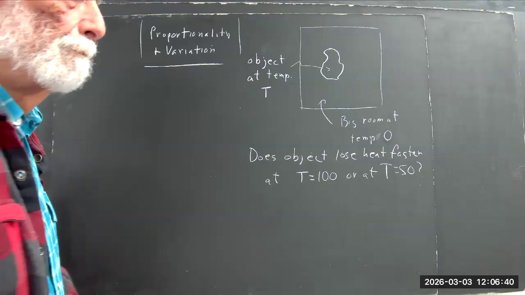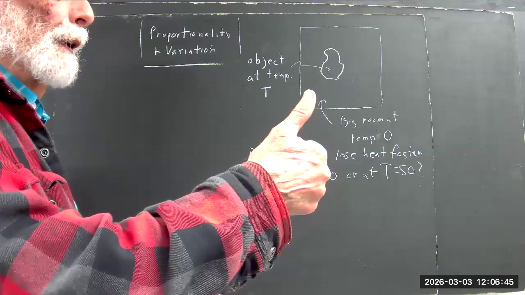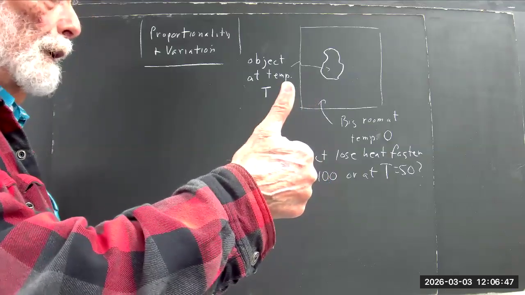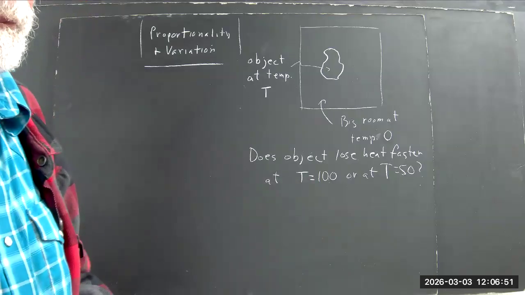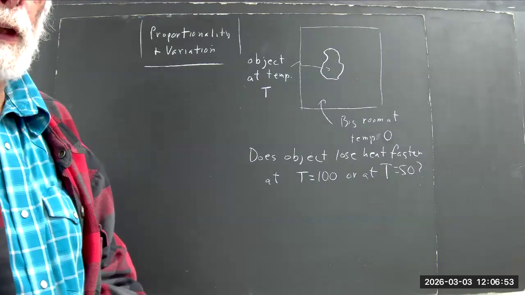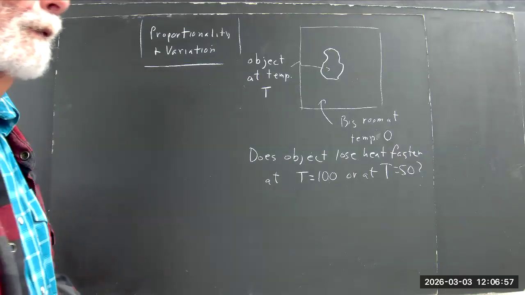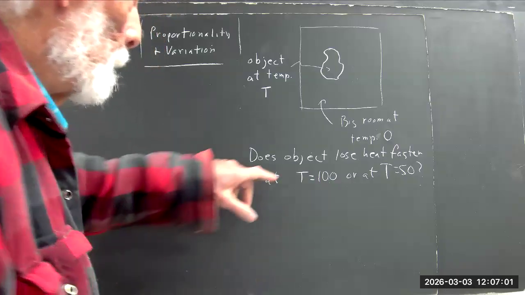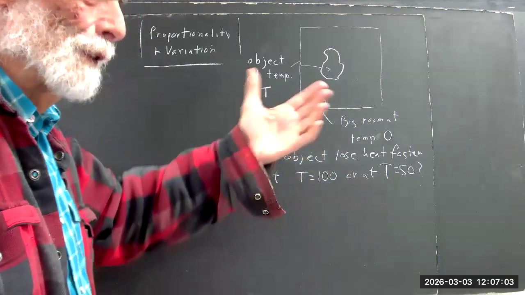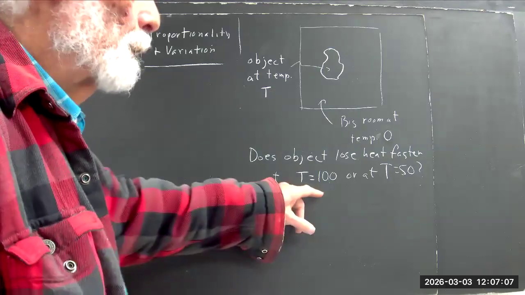Everybody vote. Thumbs up if you think it's faster at T equals 100. Thumbs down if you think it's faster at T equals 50. Okay, well, I don't see anybody voting. Unfortunately, I don't see anybody here. Okay, well, let's assume that the vote was for T equals 100.